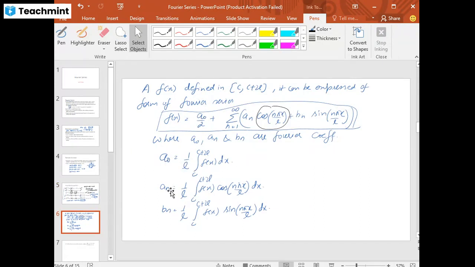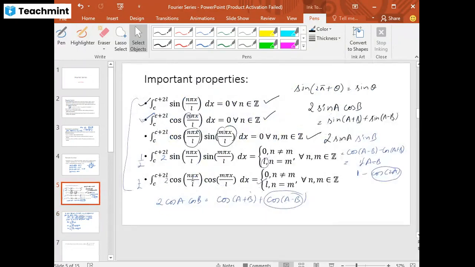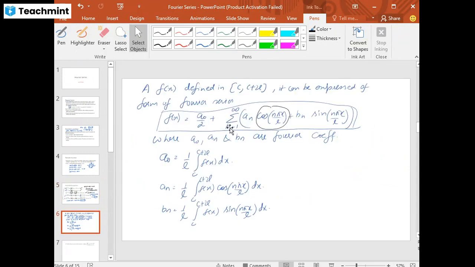And to calculate the value of an, I multiply throughout with the cosine function. Okay, so in that case we can use this property that when cos into cos is there, then its value is L when n is equal to m, and is 0 when n is not equal to m. So there we get only this term non-zero, and all the rest of the terms are 0, because if we multiply with cosine, then the integral of cos is 0, and sine into cos is also 0.